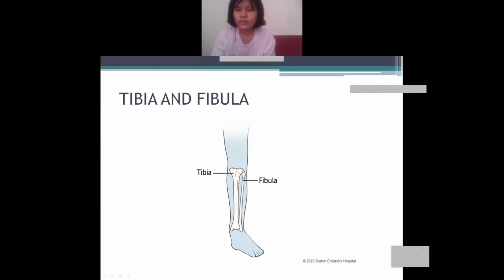Did you understand? This is the anterior tibial artery, this is your tibia, this is the fibula. It will lie in this area, in between these two bones, the tibia and fibula.